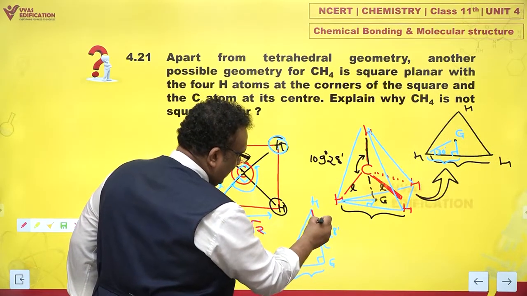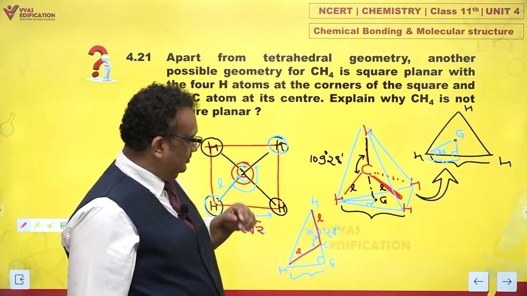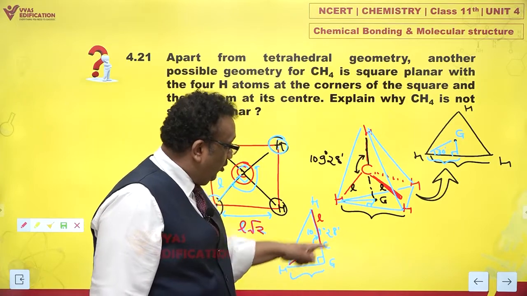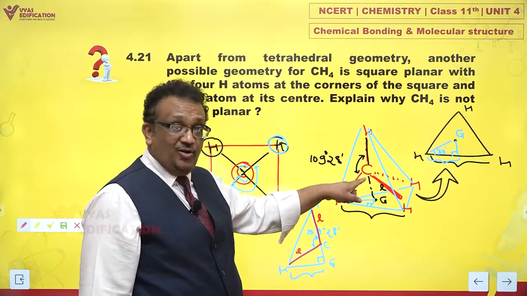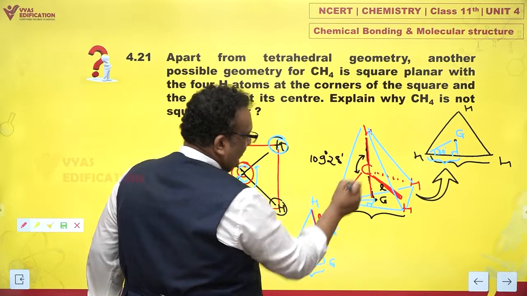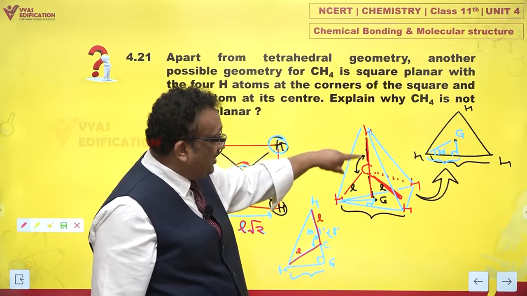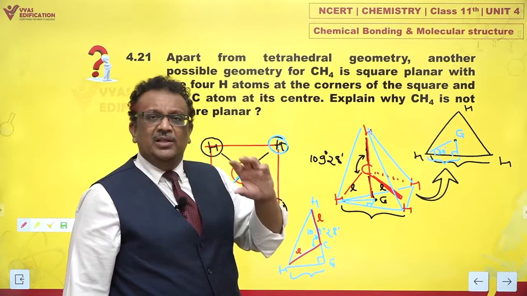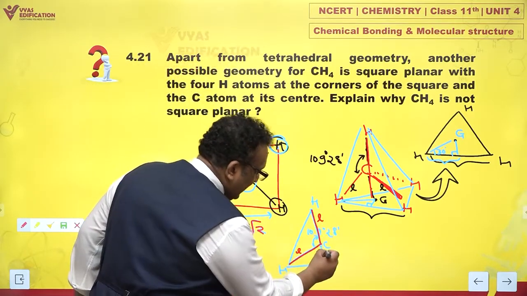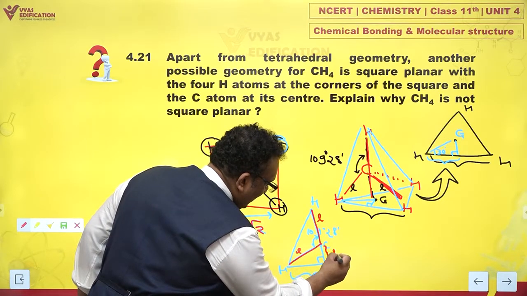So this is also L. And let me tell you the result for a tetrahedron. In a tetrahedron, if you are sitting at the very center, then this entire line will be divided in the ratio 3:1 by this carbon atom. This is the property we are borrowing from geometry. That means if this is L, then this distance CG will be L by 3.